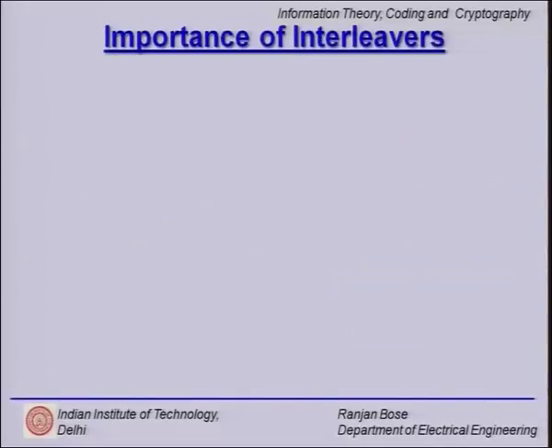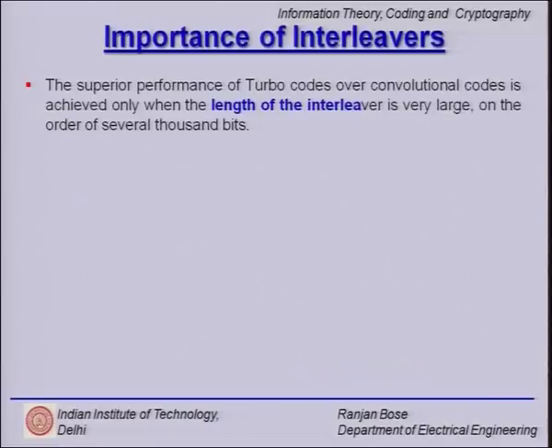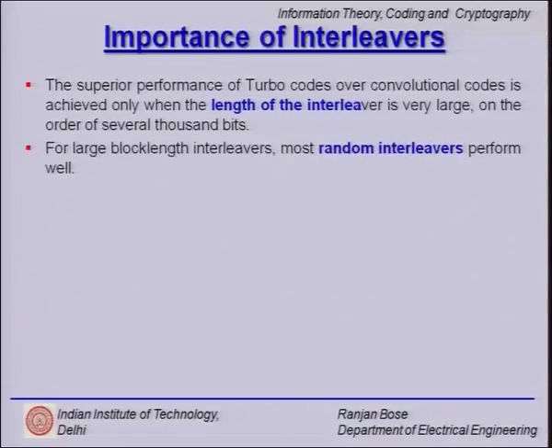Now, we come to this interleaver, which has made our life difficult for decoding purposes, but let us talk briefly about the interleavers. What is the importance, what are the types, how can we design them? The superior performance of turbo codes over convolutional codes is achieved only when the length of the interleaver is quite large. Since the interleaver must be present, the interleaver works with a block.